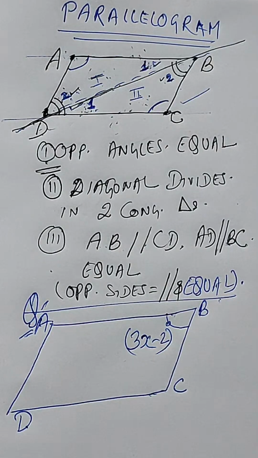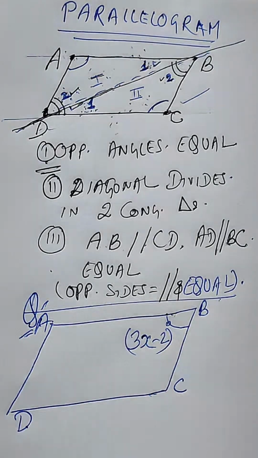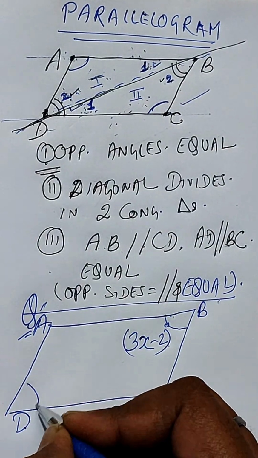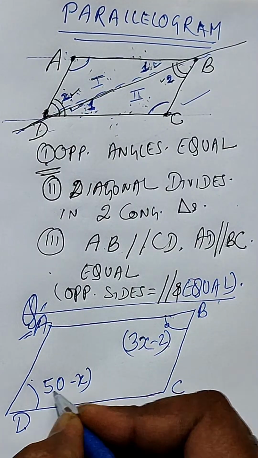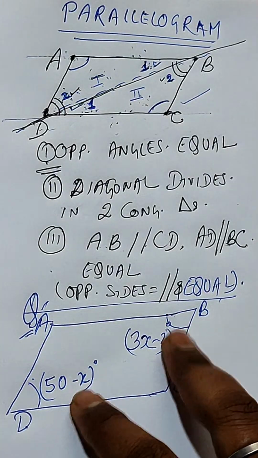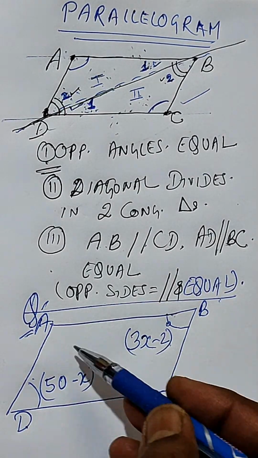The two opposite angles of a parallelogram are 3x minus 2 degrees and 50 minus x degrees. If this is 3x minus 2, then this will be 50 minus x, as given to you in the question. These two angles are given to you. Now find the measurement of each angle of the parallelogram.